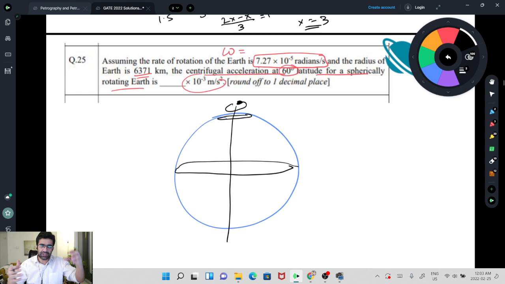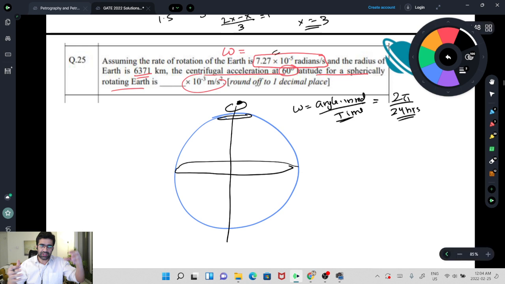Angular velocity is basically the angle in radians divided by time. So it is 360 degrees, which is 2 pi radians, divided by 24 hours. That should be the rotation velocity of Earth.